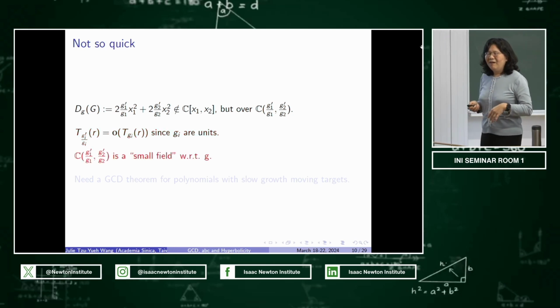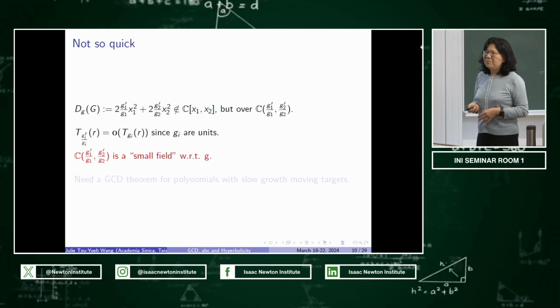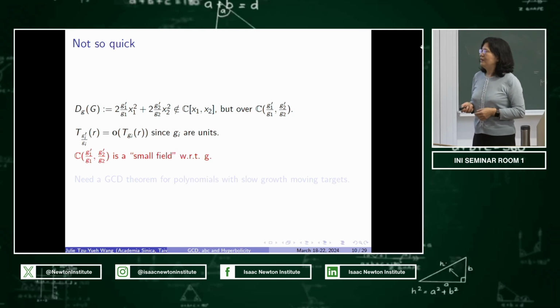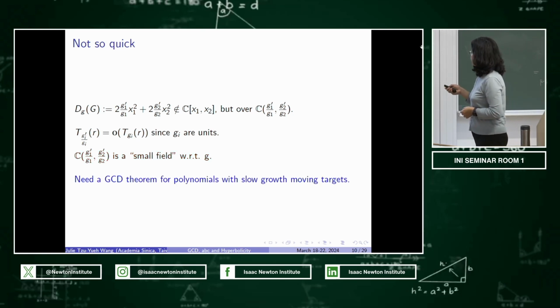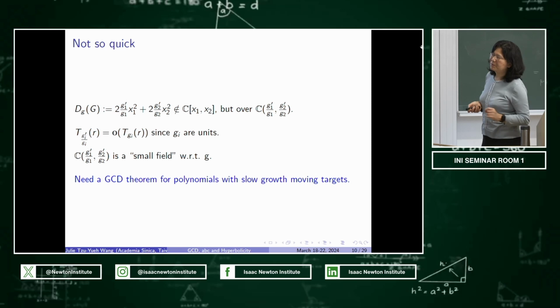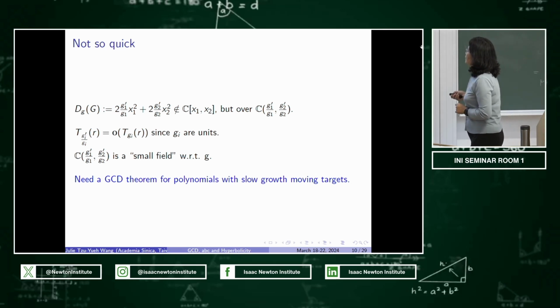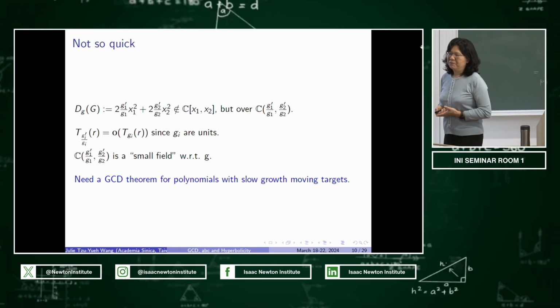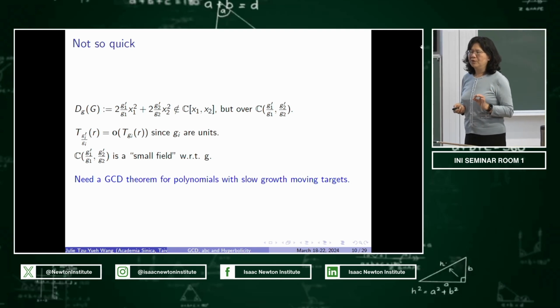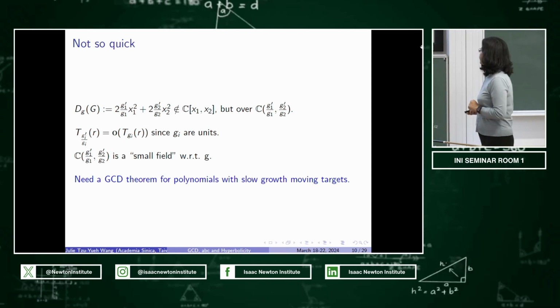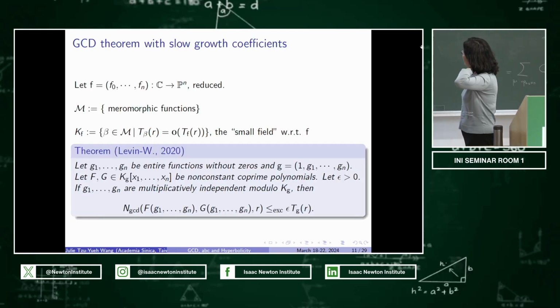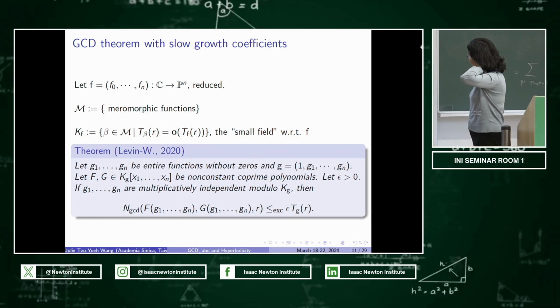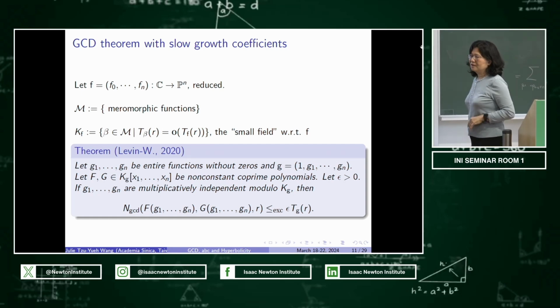So it means we are not in a perfect world. It's not over C, but it's not out of control. It just means we need to work a little bit harder. We need a GCD theorem for polynomials, but not just for constants. You need to work with the so-called slow growth moving target problem. Levin and I actually already did this part.